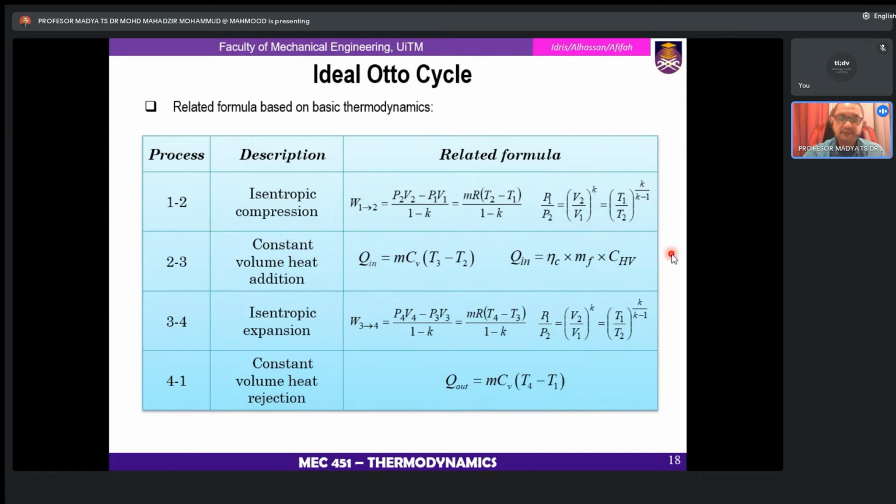The first law of thermodynamics: Q minus W equals delta U, because based on our assumption earlier, we neglect kinetic and potential energy. When you derive from that formula, you will get the work and Q related formulas.